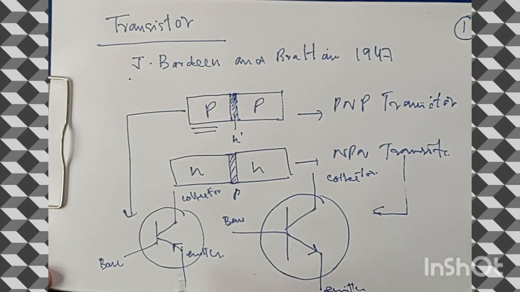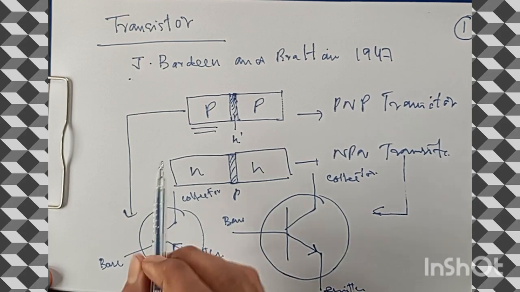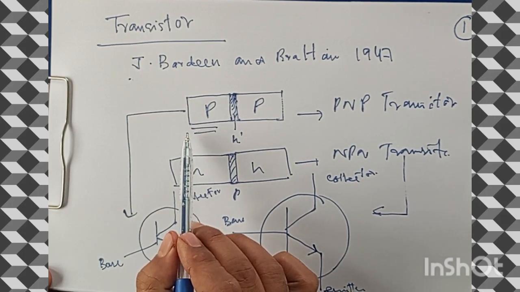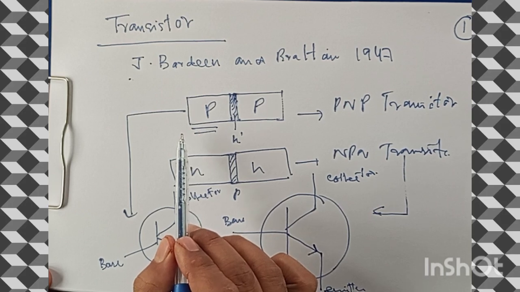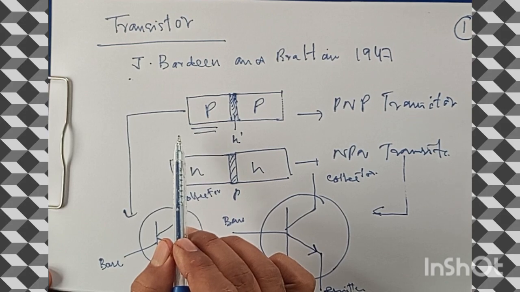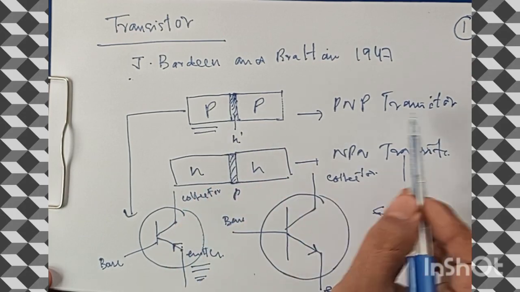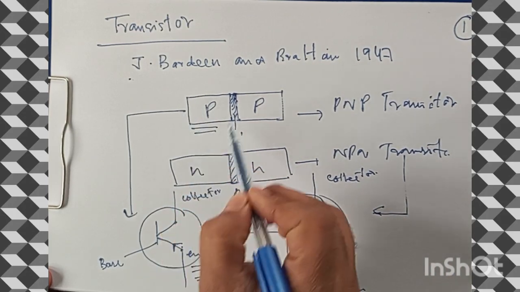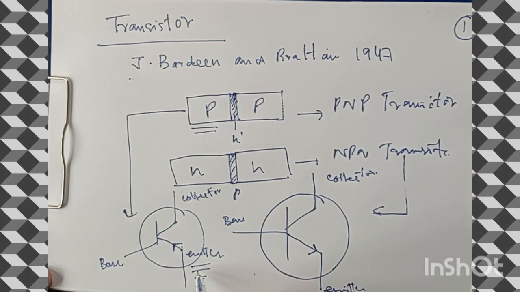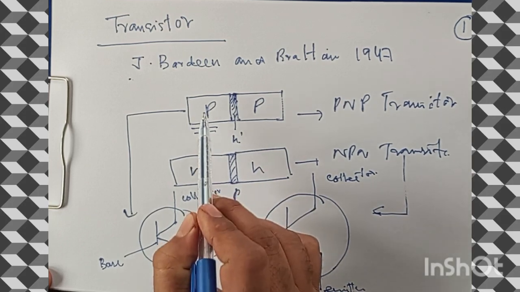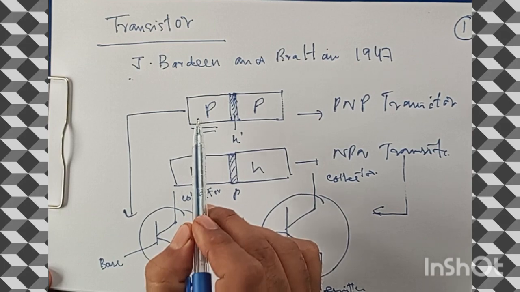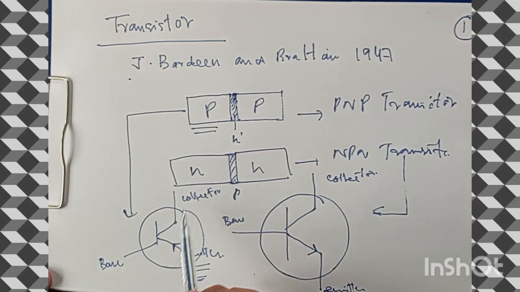Now, talking about the emitter, it is on one side of the transistor. It is moderate in size, but heavily doped. This heavily doped P side, in the case of a PNP transistor, is called the emitter, and it supplies the majority charge carriers for current to flow through the transistor.